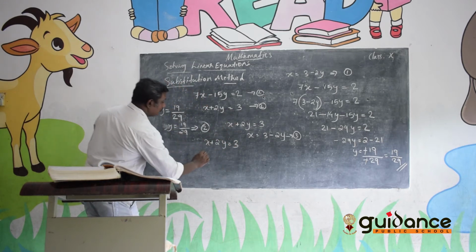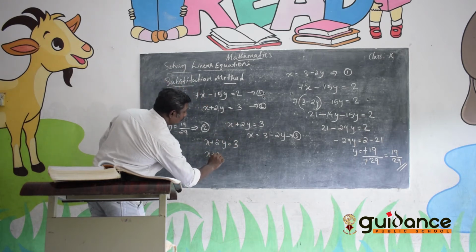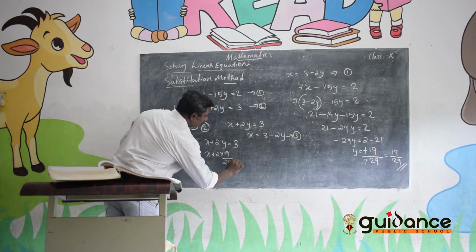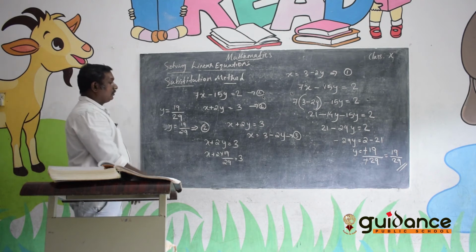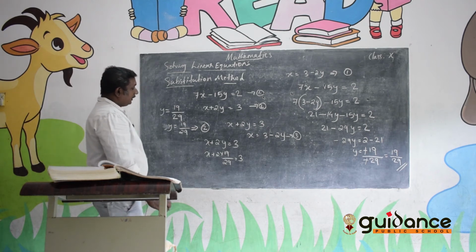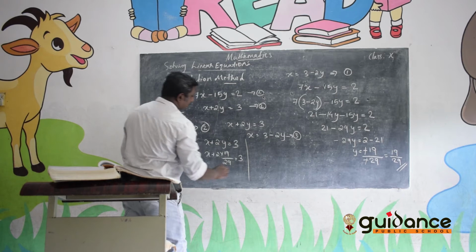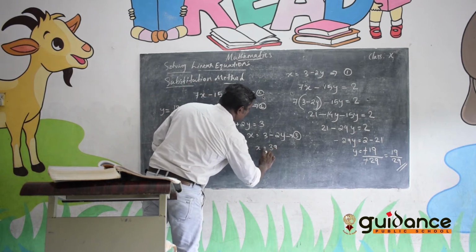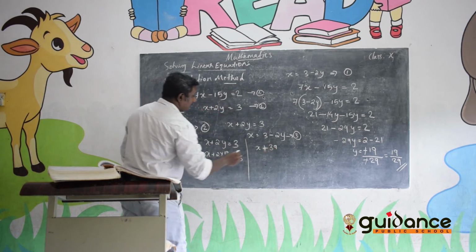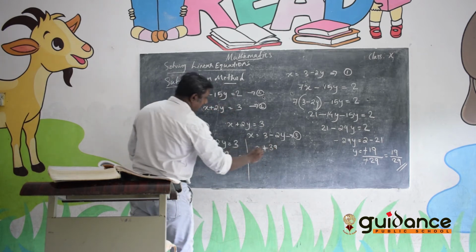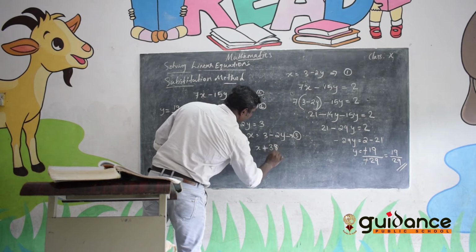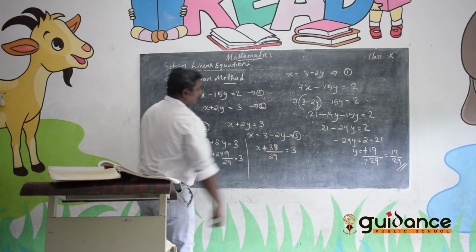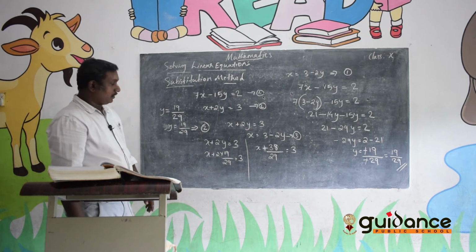So x plus 2 into 19 by 29 equal to 3. Sorry, x plus 19 into 2, 38 by 29, equal to 3.